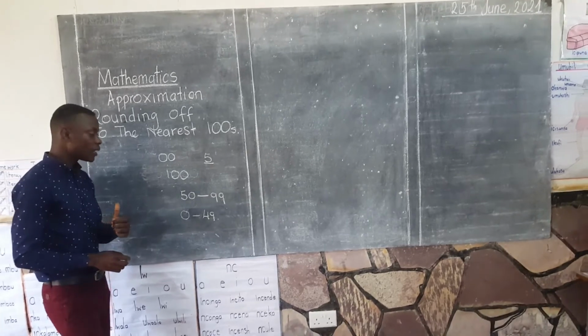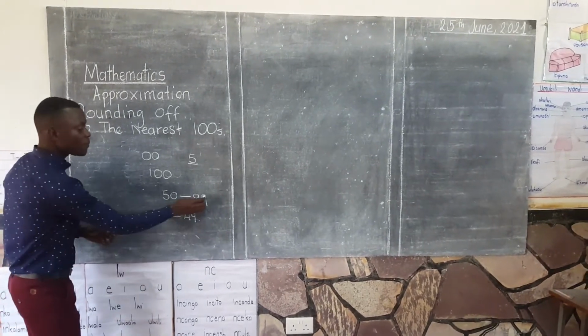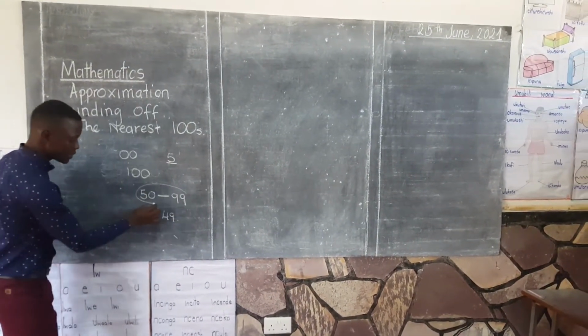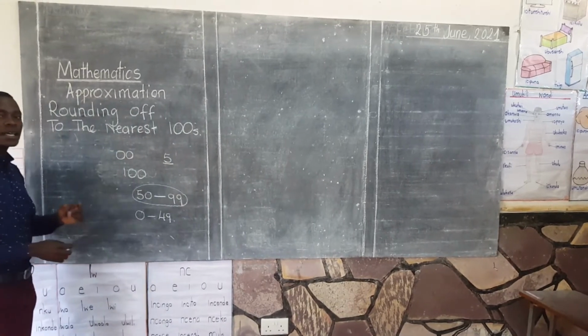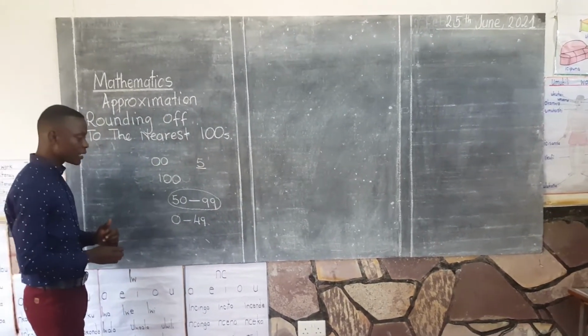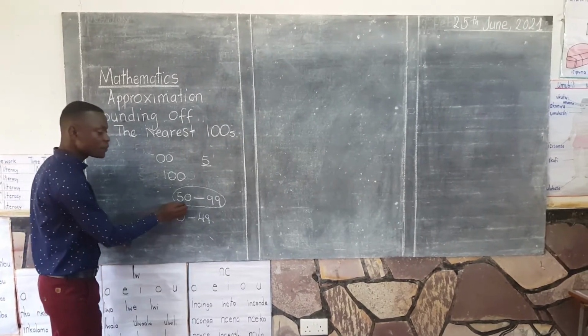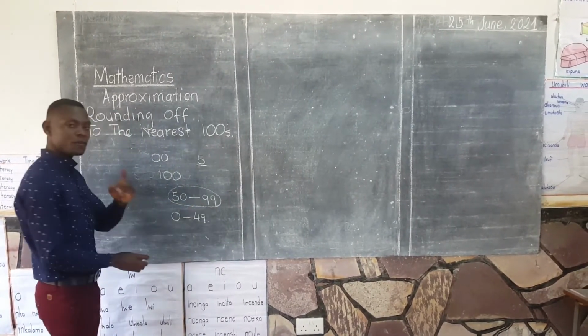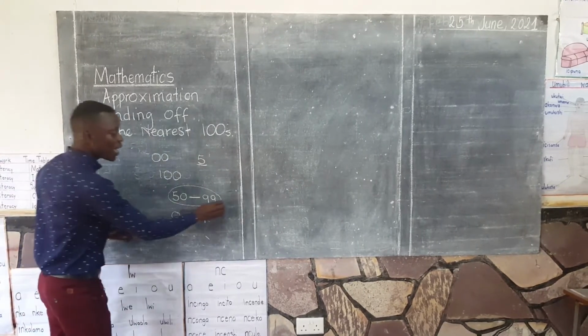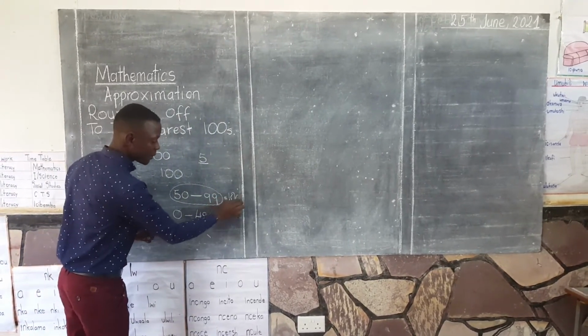So I'm saying that the last two digits of the number you are given, if they are between 50 and 99, will have a value of 100.